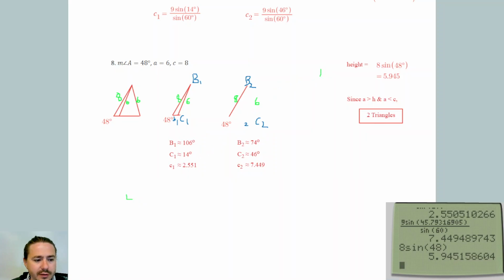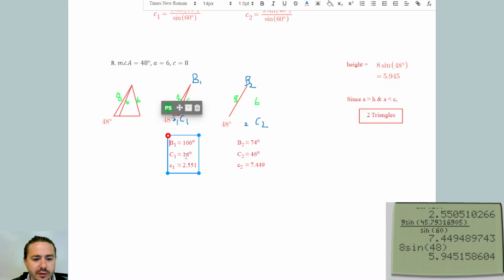All right, so in this case, we do need B1, don't we? We need B1 and C1, but in this case, we'll get the C1 first instead of the B1. And then instead of C being the unknown side, B is.